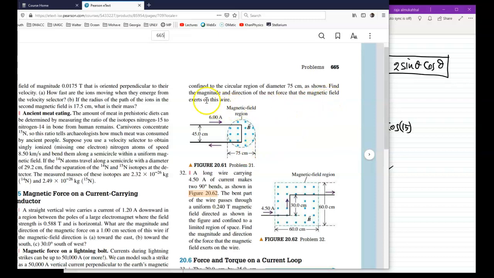Question: find the magnitude and direction of the net force that the magnetic field exerts on this wire. Okay? All right.